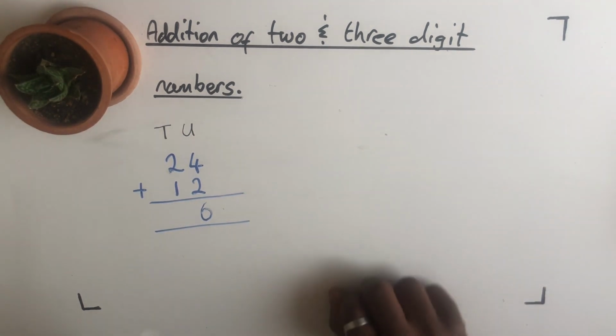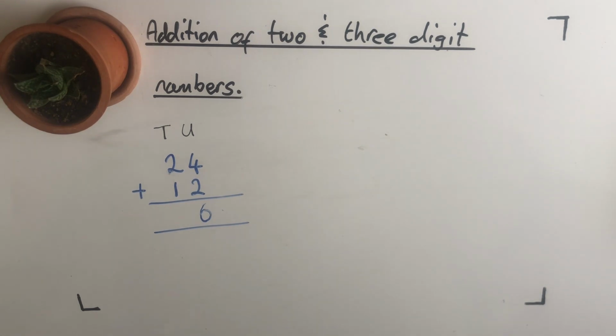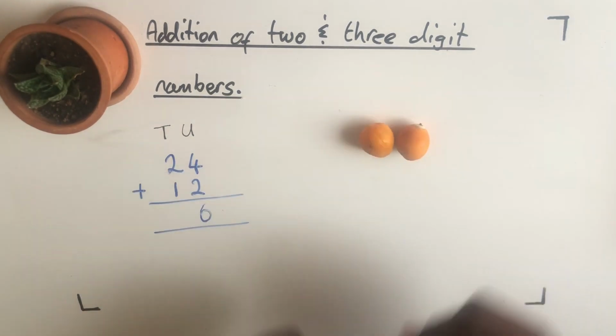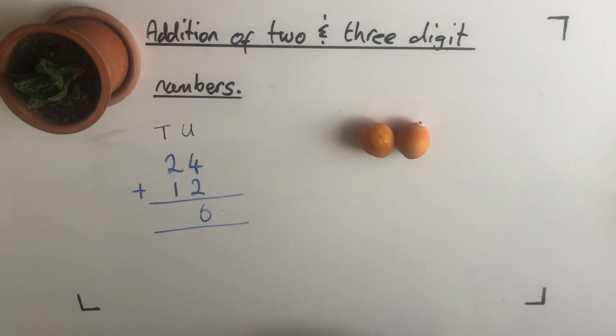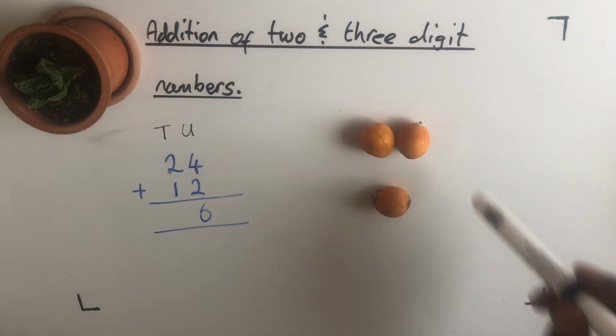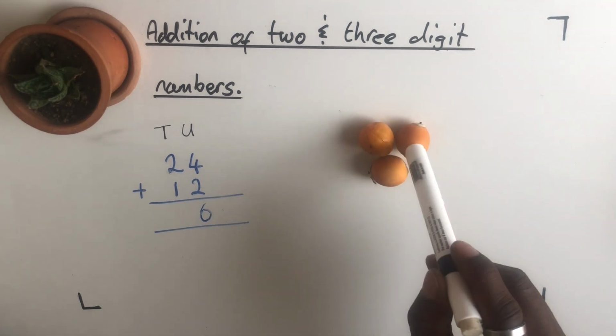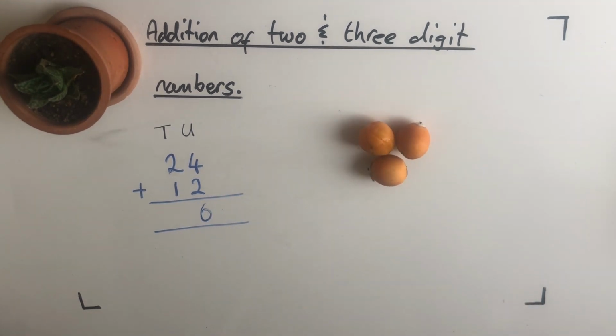And then the next thing is we move on to the tens. Here I have 2 tens and 1 ten. So if I put them together, I have 3 tens now.